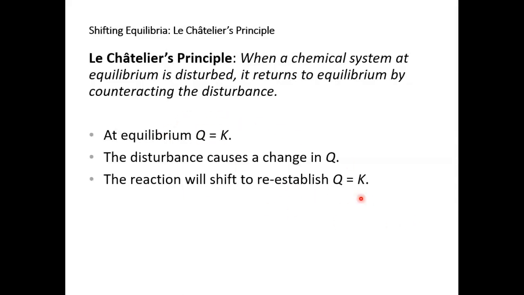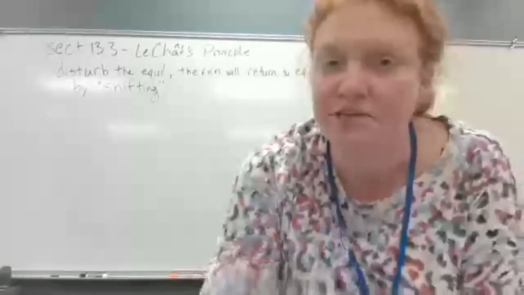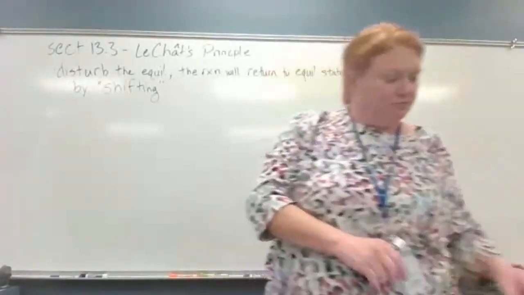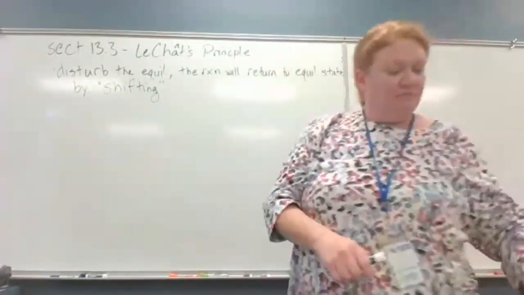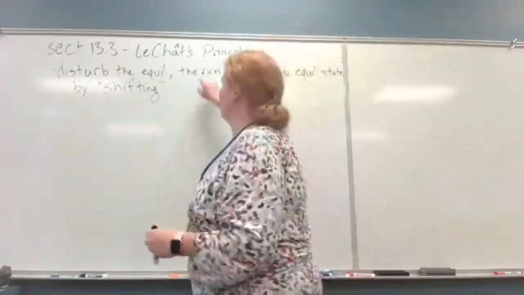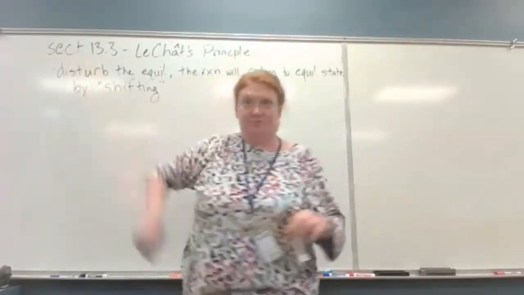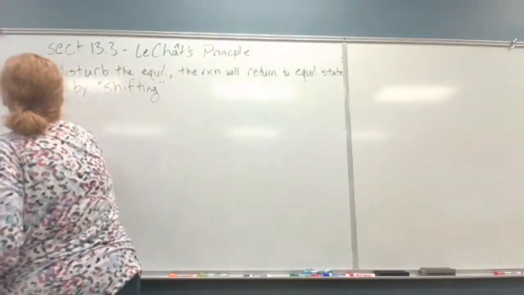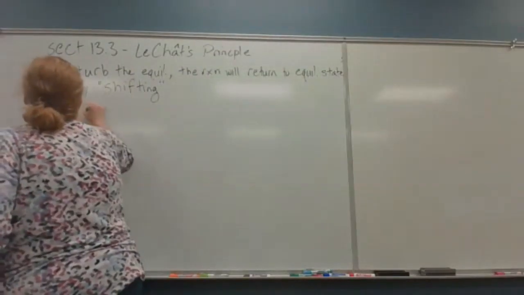Okay, if you want to write this stuff about Q and K, that's fine. I tend to think of this principle more in terms of comparing words, not so much comparing Q values and K values here. Let's just think. We're going to have basically 3 ways that we can disturb the equilibrium.